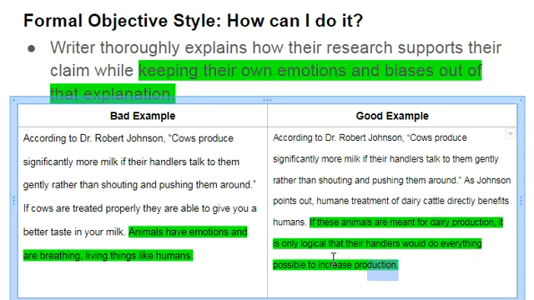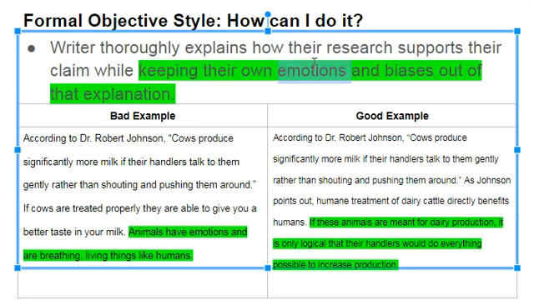See how this is an easier sell for people on all ends of the spectrum. So this is how you keep emotions and biases out while you are explaining your research.